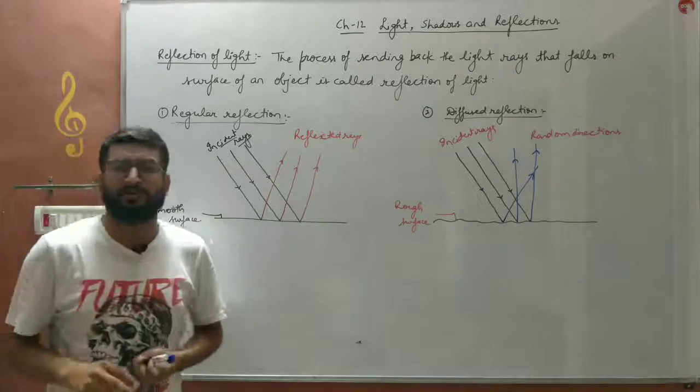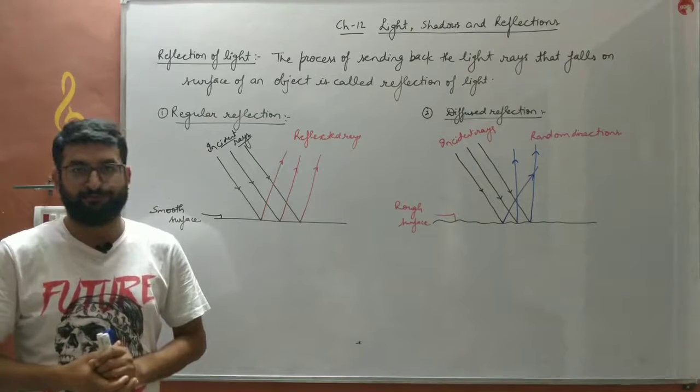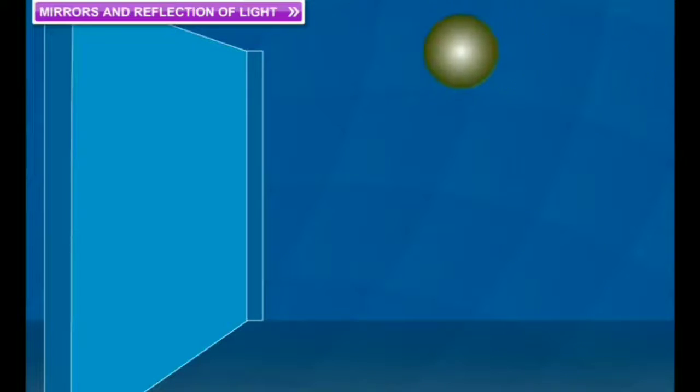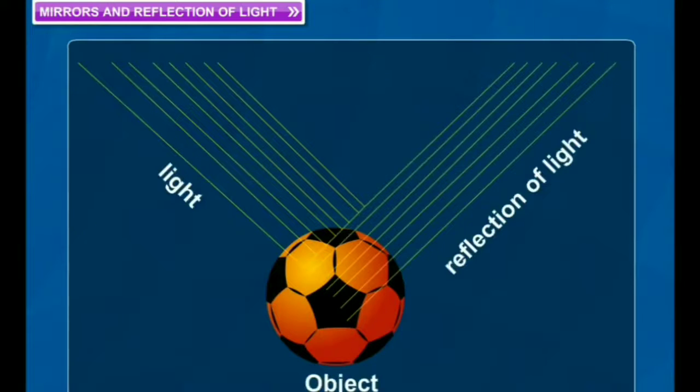Now we understand the concept of reflection by an animated video. When we throw a tennis ball at a wall, then the ball bounces back. This means that when the tennis ball strikes the wall, the wall sends it back. Similarly, when light falls on the surface of an object, the object sends the light back.